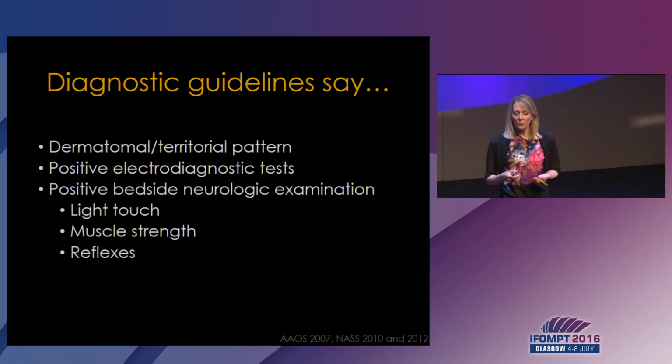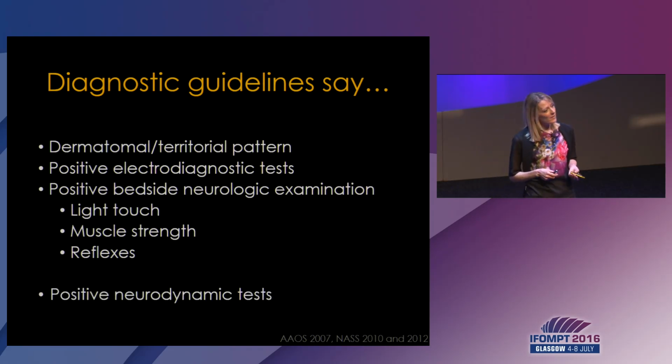And when we do a bedside neurological examination, it should be positive, meaning that patients have difficulties feeling light touch, muscle strength, and reflexes, which is the standard bedside neurological examination. Now, in physiotherapy, and that is not in the guidelines, we also use neurodynamic tests to see whether a nerve involvement is more likely.